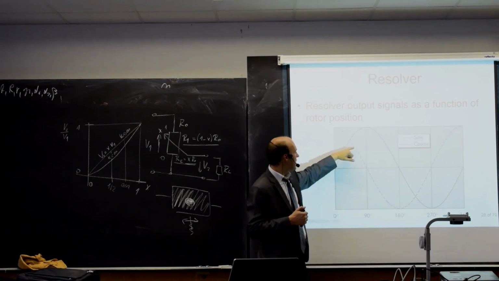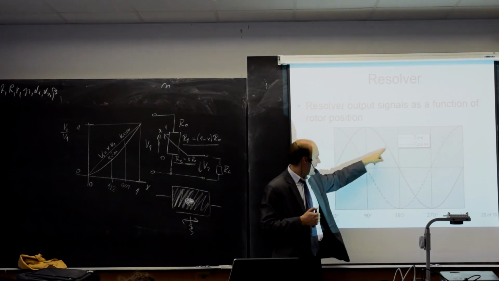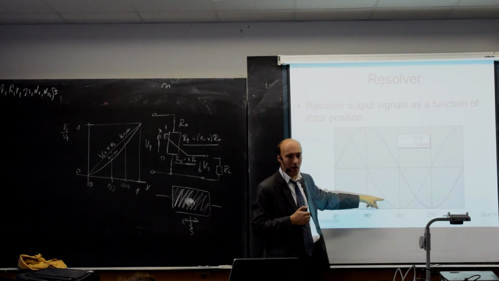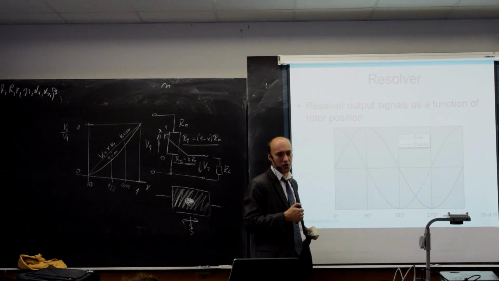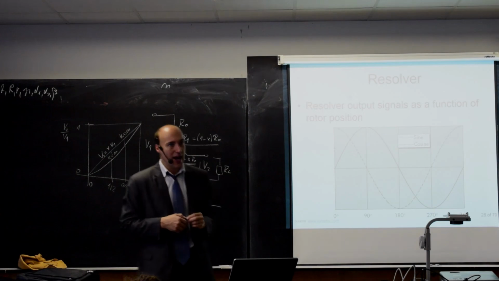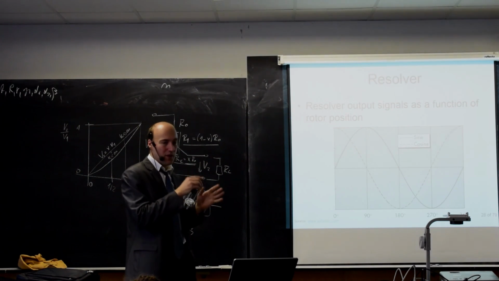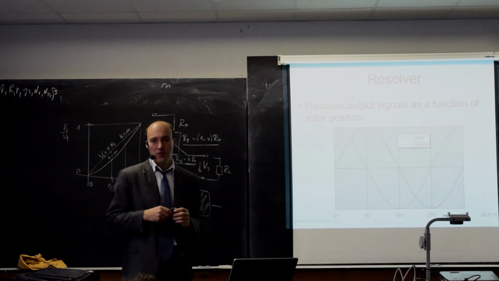But by looking at the value of the cosine, I can say, okay, it's here, and I am at some position, or it's here in this negative part, and I have a different position. So by combining the sine and cosine voltages, I can get the position information between 0 and 360 degrees.